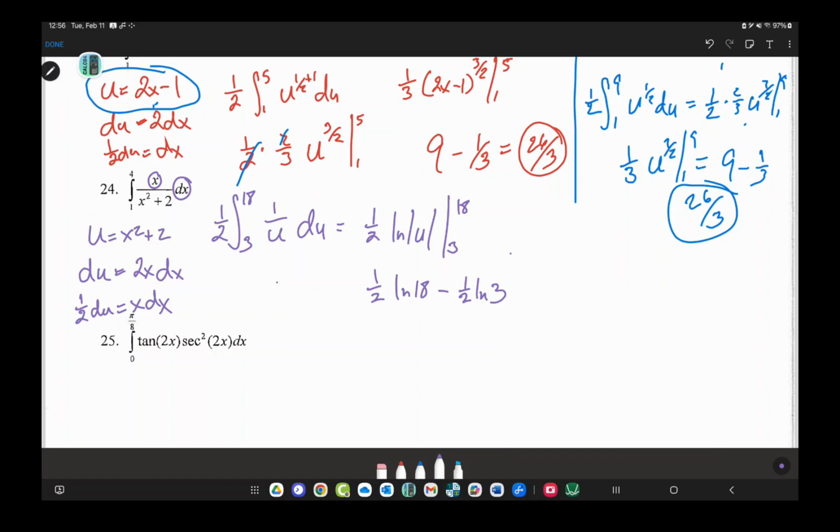By the way, can you simplify this actually? Do you remember your logarithm rules? No. 1/2 of natural log of 18 minus natural log of 3 becomes 1/2 natural log of 18 over 3.